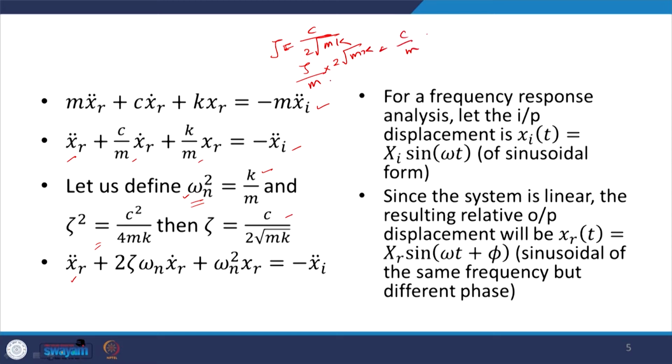Okay. So, this is zeta 2 and under root k by m. So, this is basically your c by m. So, what is this? This is 2 zeta omega n, and this is c by m. So, I am substituting it here, 2 zeta omega n, in place of this c by m. So, this into xr derivative plus this is my omega n square xr is equal to minus xi double dot.